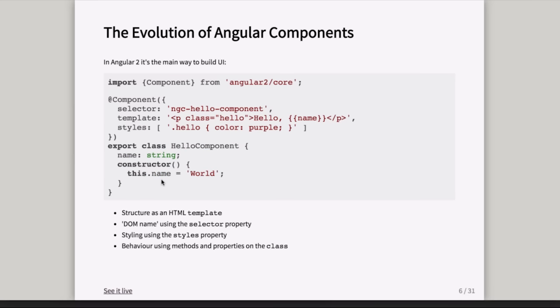This component contains everything it needs to know to render a widget of your UI. We have a selector, which is how it will be named by the templates that want to reference it. It knows about its own HTML structure. It knows about its own styling. And this one doesn't have any real logic, but if it did, it would know about that too. The goal here is encapsulation.